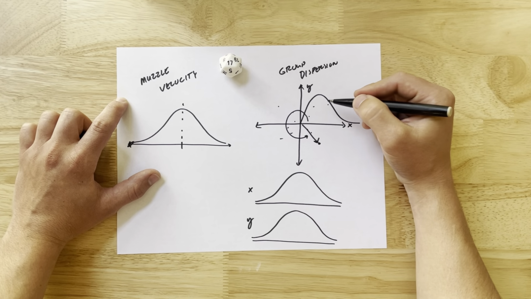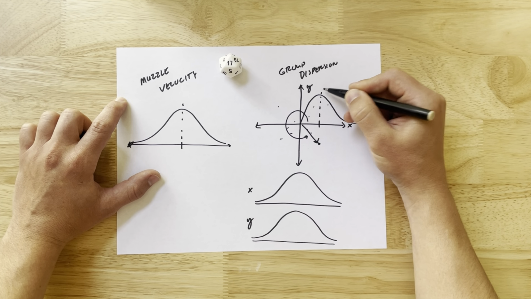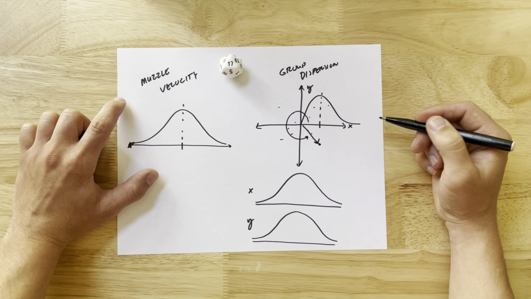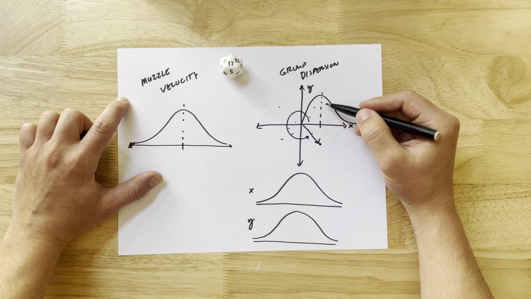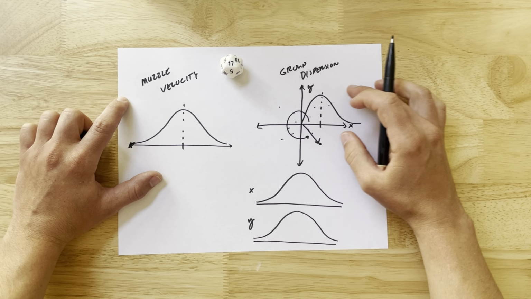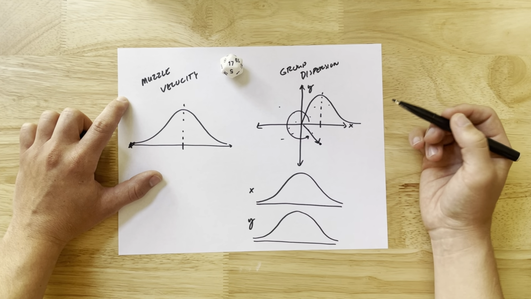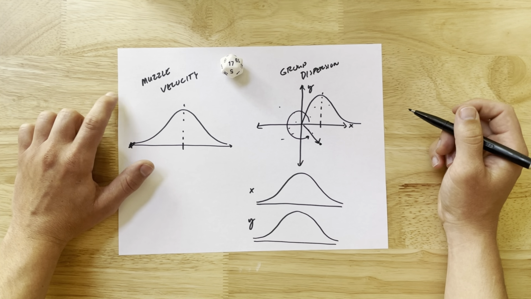The Rayleigh distribution has an average, and that is the mean radius. We know mean radius from our group analysis apps. 50% of our shots impact outside of the mean radius, and 50% of our shots are going to impact between 0 and the mean radius.